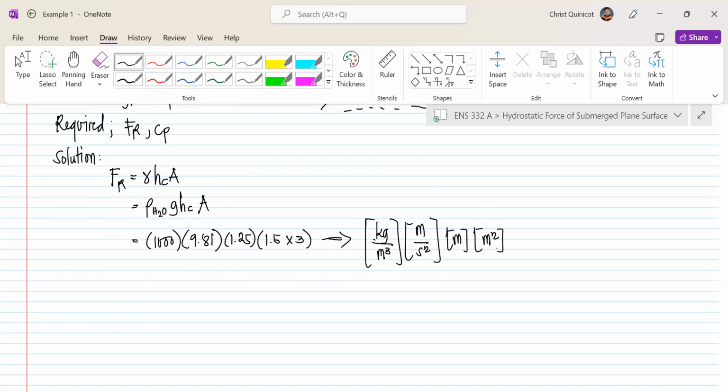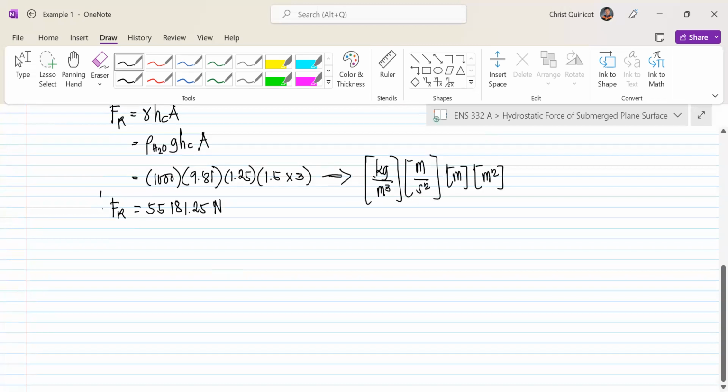Meter cubed, we have meter times meter squared, so it cancels out. So our remaining F sub R is equal to 1000 times 9.81 times 1.25 times 1.5 times 3, and that is equal to 55,181.25 Newton. So this is now the magnitude of our resultant.